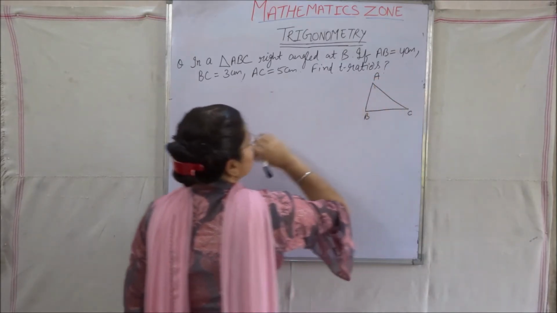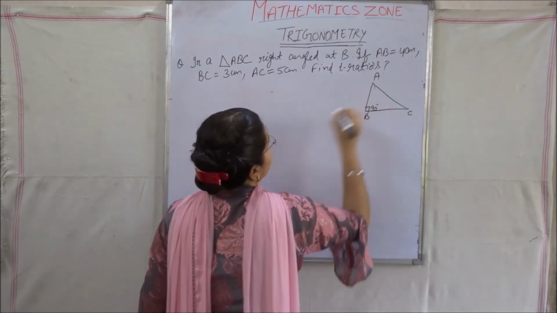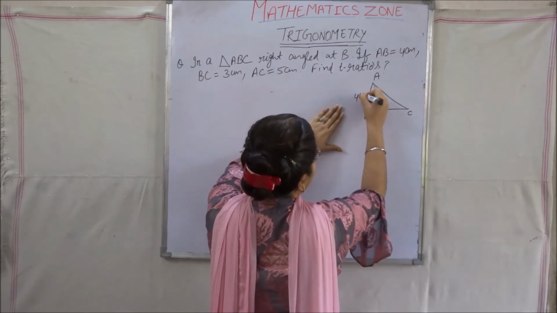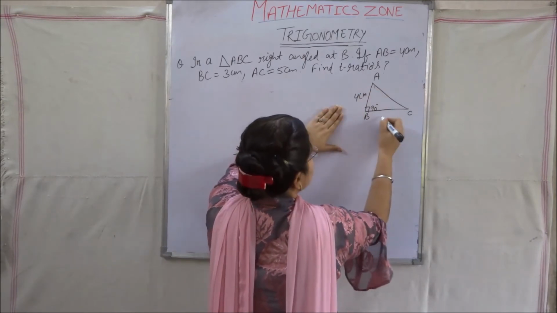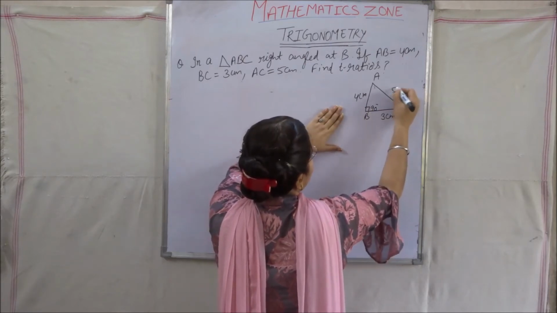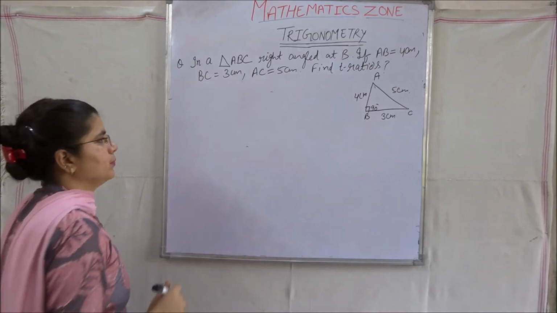As it is given that angle B is a 90 degree angle and AB is 4 cm, BC is 3 cm, AC is 5 cm. So we have to find the T ratios.